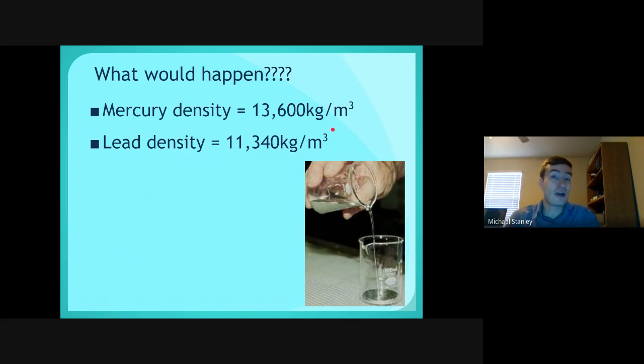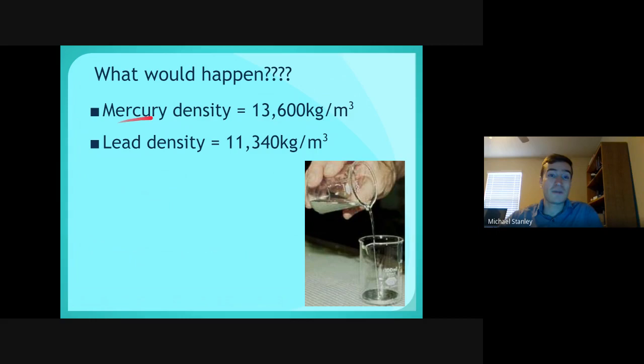So for an example of how this floating action and these different densities interact with each other, think about this. Mercury is a very dense metal, 13,600 kilograms per meter cubed. So that's pretty high density.